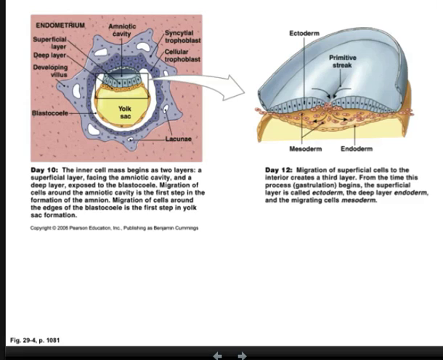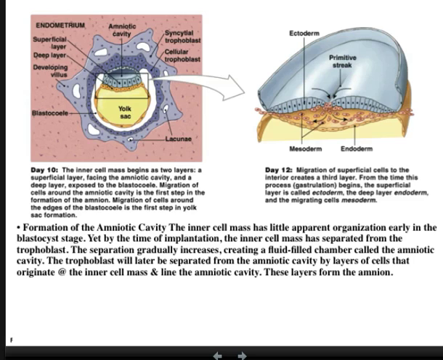Now we see some dramatic changes in what's going on in the inner cell mass. We begin to see the formation of the three germ layers. So formation of the amniotic cavity marks the beginning of a fluid-filled pocket that's going to protect the embryo while it develops.